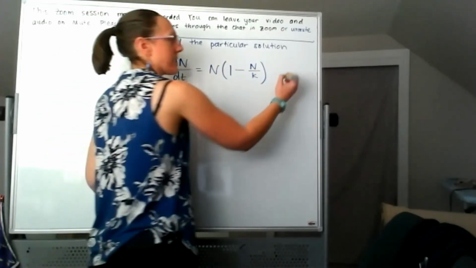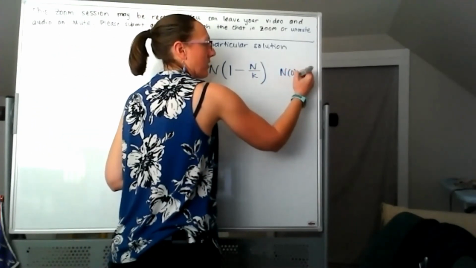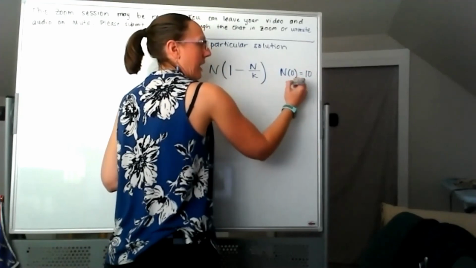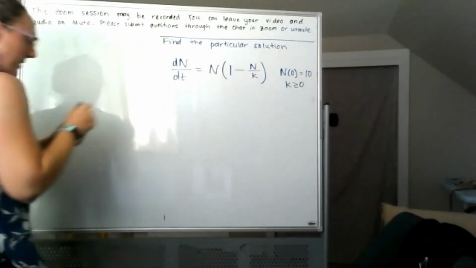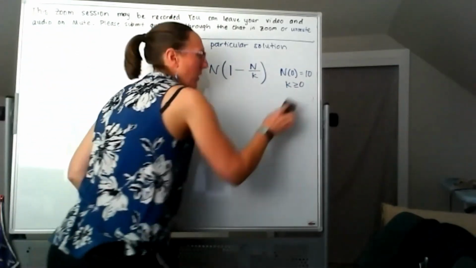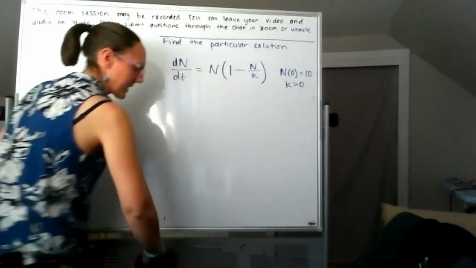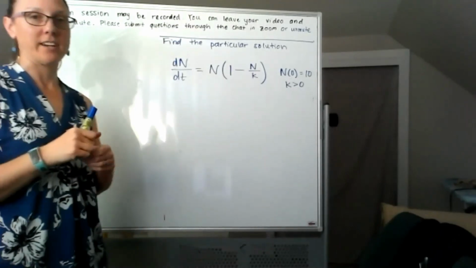And I'm going to say that n of 0 is 10 and that k is a positive constant. We're going to say that k is a positive constant.